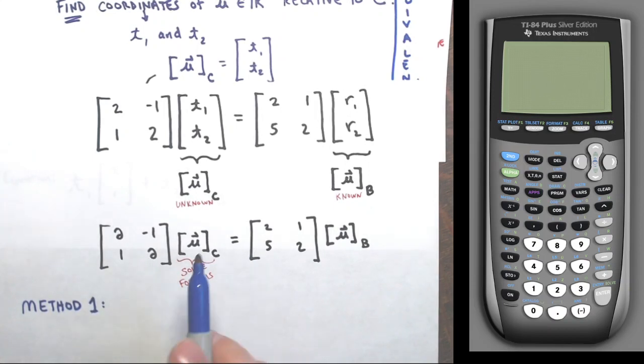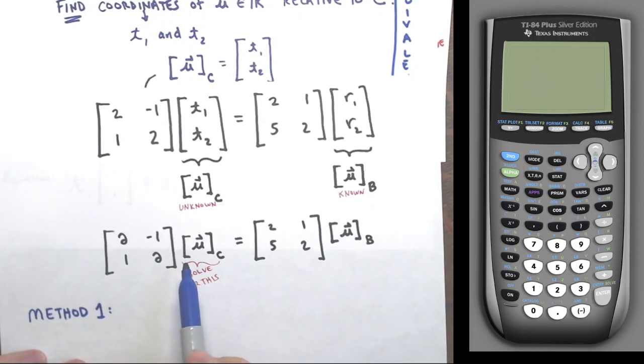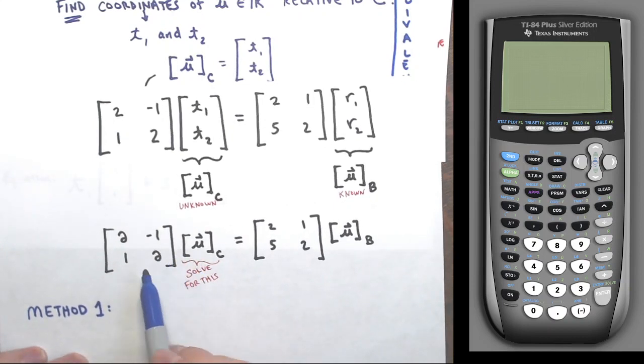These matrices should have inverses, right? Because the way you represent a vector as a linear combination of vectors in a basis should be unique. All right, so these should have inverses. So method 1 is, I want to get rid of this. I can't divide by it, it's a matrix, right? But I should be able to multiply by the inverse.